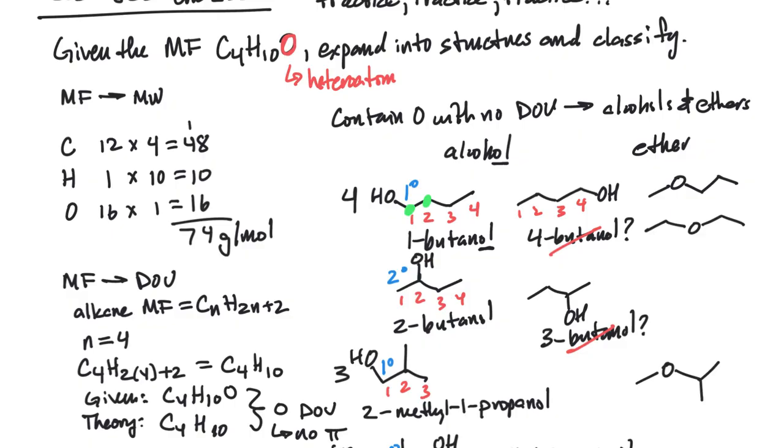Stated another way, if you're standing on carbon 2 and you look to the left and to the right, you're going to see something different than if you do the same test from carbon 3. You see different environments, so that is also unique. And then carbon 4 is a CH3 group, so none of the other groups were CH3, so that has to be unique. So this is going to have 4 unique carbons.